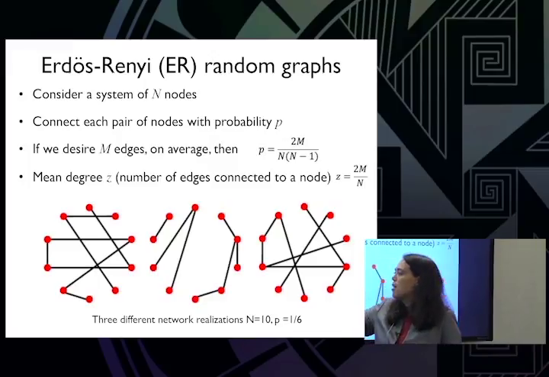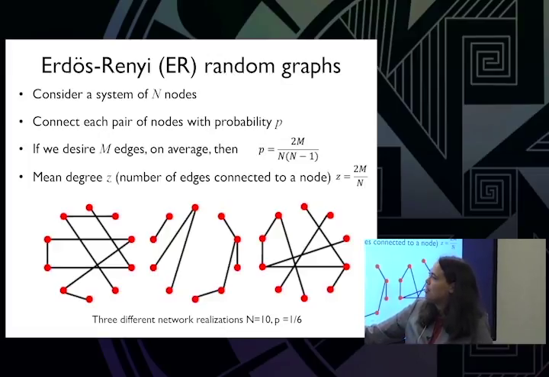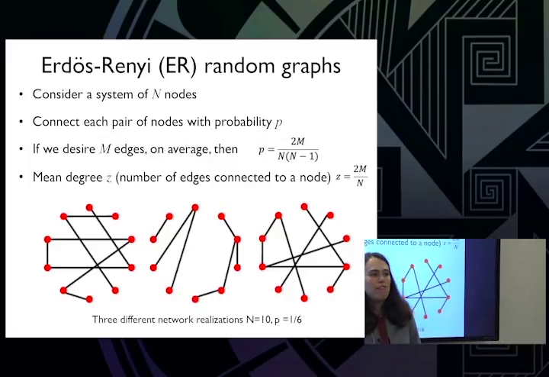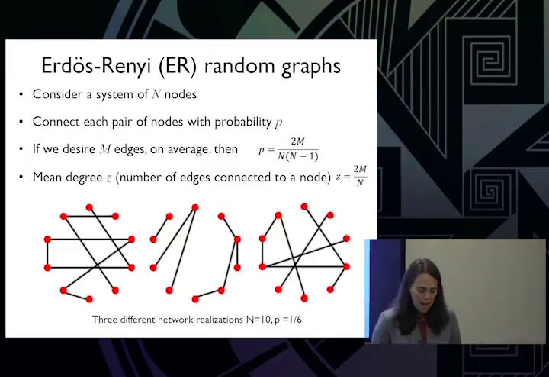So the model that I showed you here is called the G(n,p) model, where p is the probability. But there's also a similar model, G(n,m), where I fix the number of edges. Those are just 2 different randomizations you can think about.